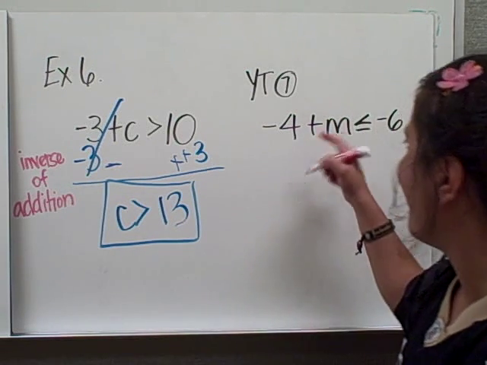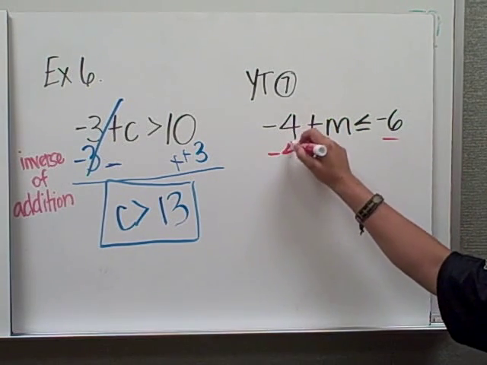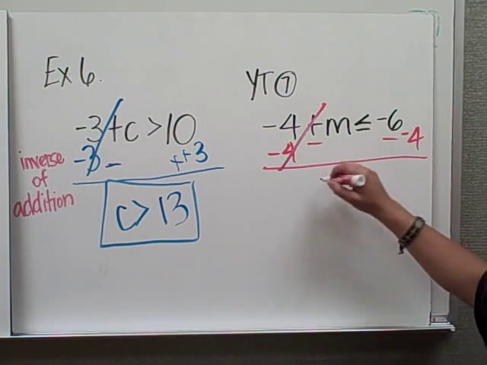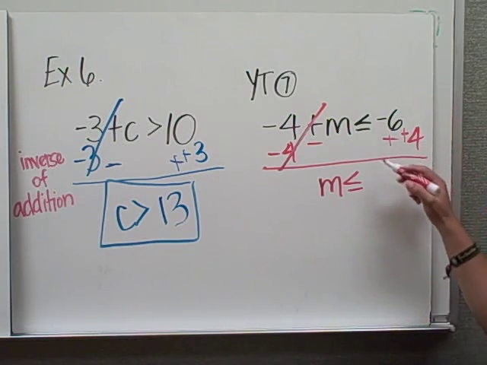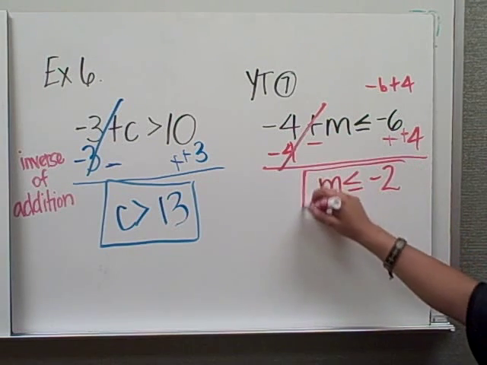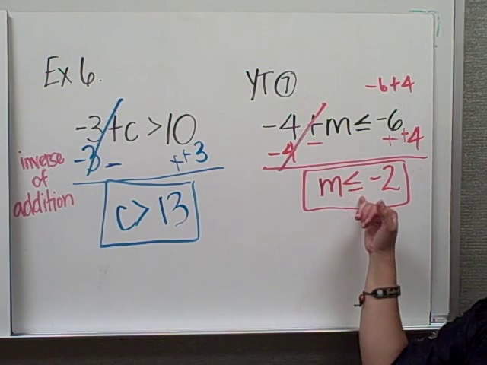Ready? It's addition, so I'm going to subtract. I'm going to take away a negative 4 from both sides. M is less than or equal to negative 6, touch twice. So now it says negative 6 plus 4, and that is negative 2. If we were going to graph it, would it be open or closed?